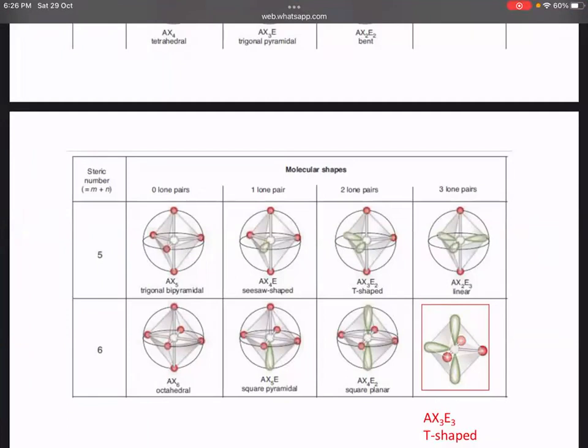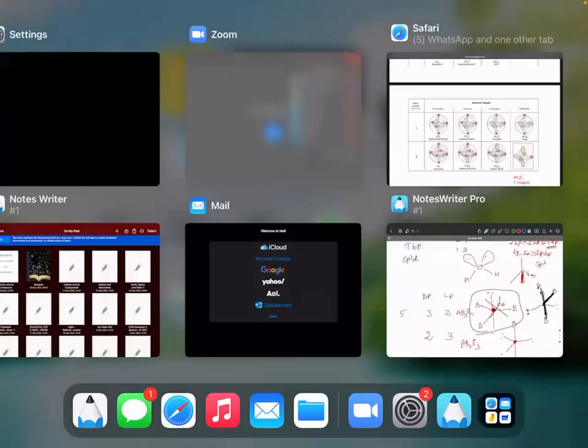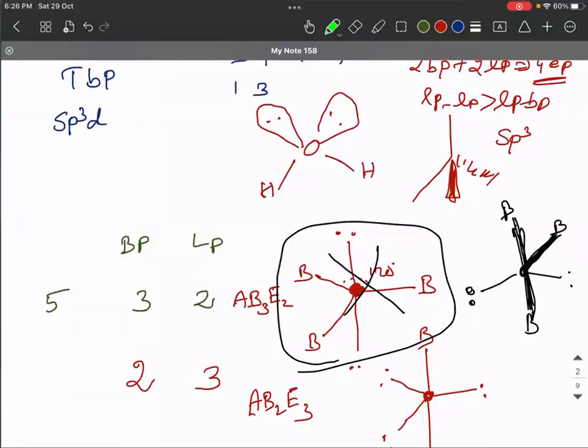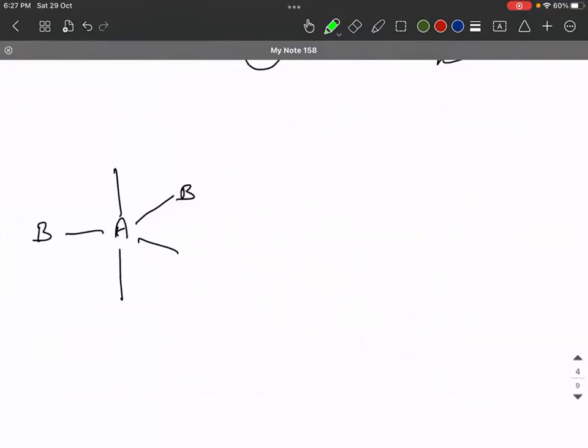Okay, why is it T shape? Because due to this lone pair, you have a 120-degree deviation. In case you have the axial, the explanation for the T shape: A, B, B, B, lone pair, lone pair.